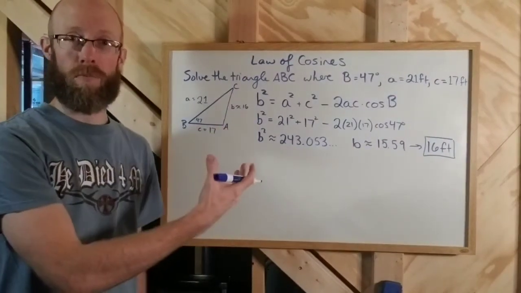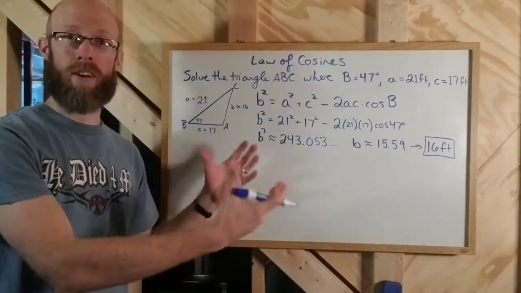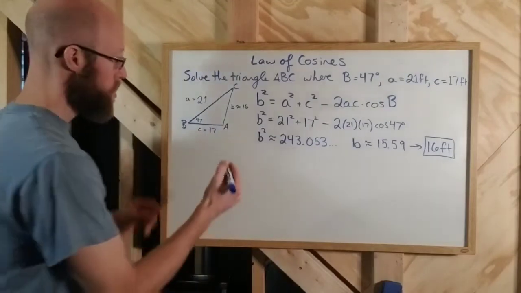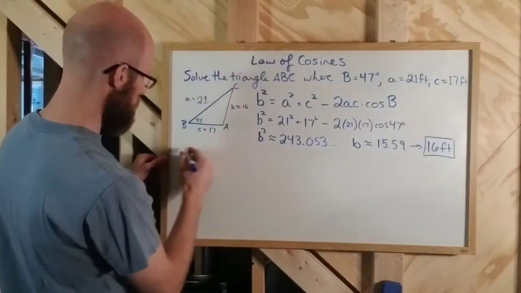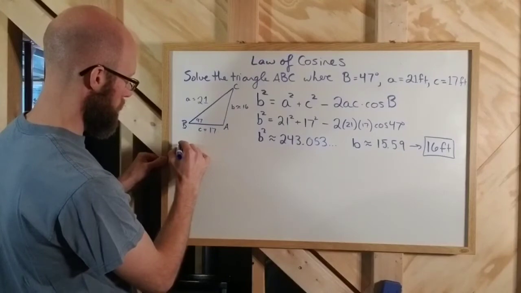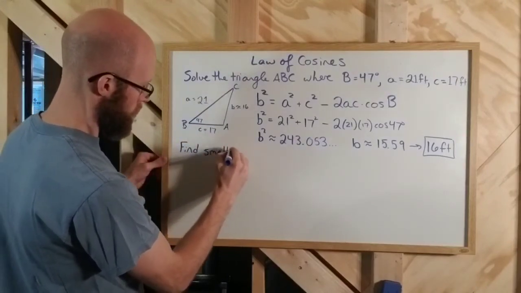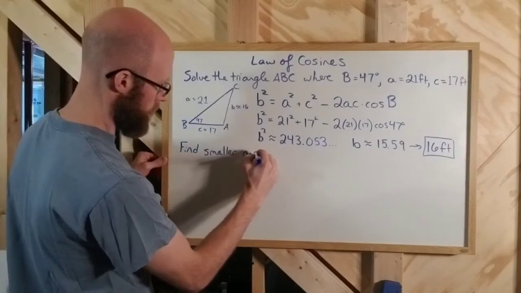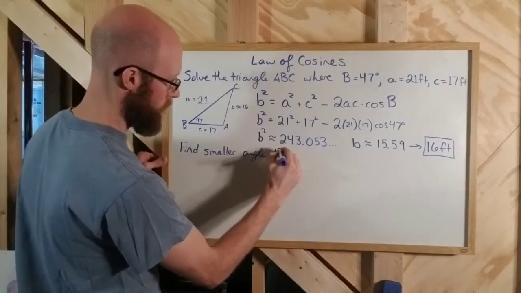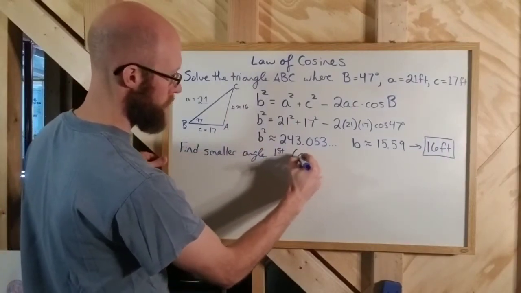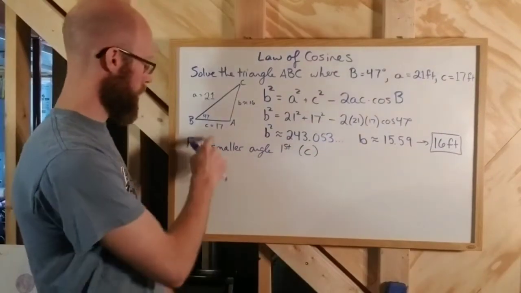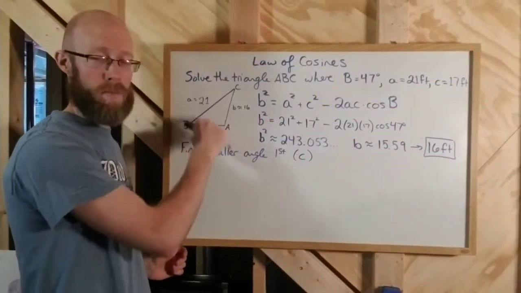The angle sum formula, you would surpass 180 degrees for everything. So we're going to go to the smaller angle. So find the smaller angle first, which in our case is going to be angle C. We know that based upon the lengths of the opposite sides.